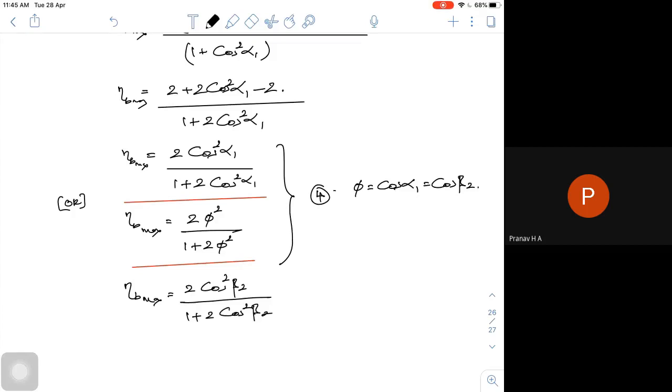So I can have the expression in these three formats. All three are the same. These are the expressions for the work done and maximum work done, then the blade efficiency and the corresponding maximum blade efficiency. These are the expressions for your reaction turbines.